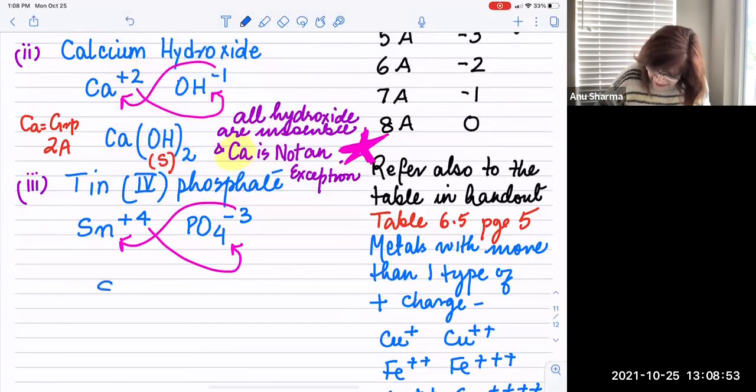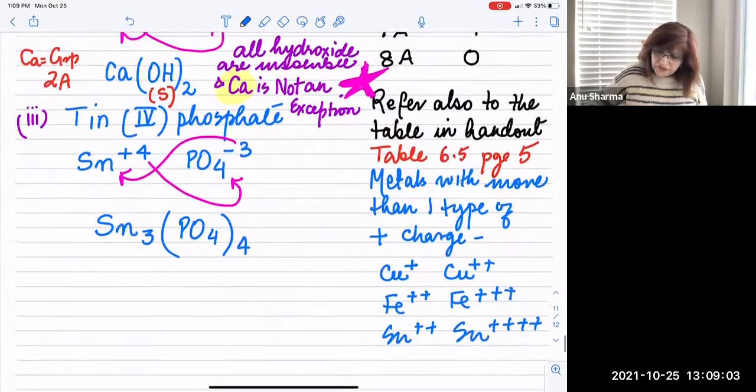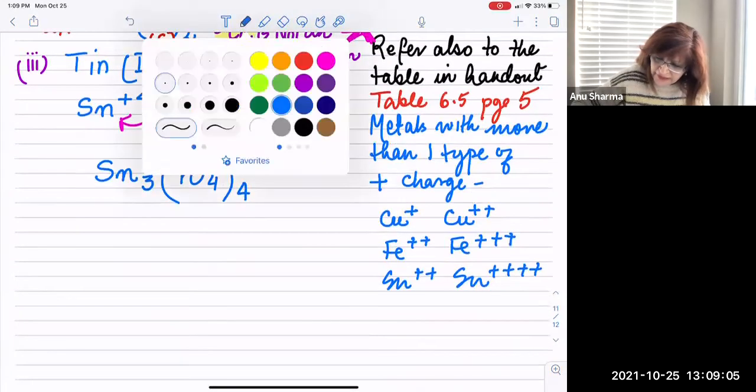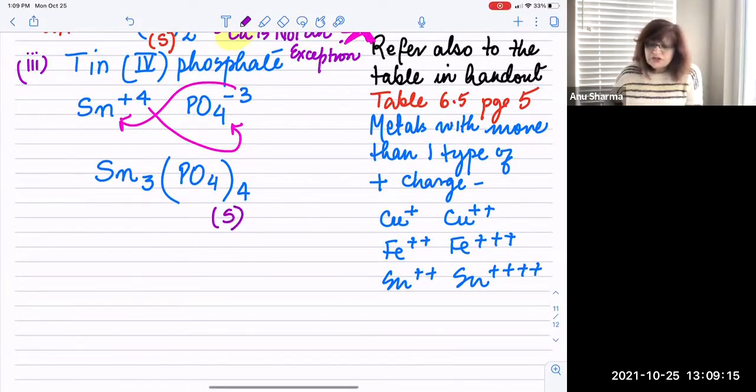You get Sn3(PO4)4. This is phosphate. So all phosphates are insoluble, so solid.